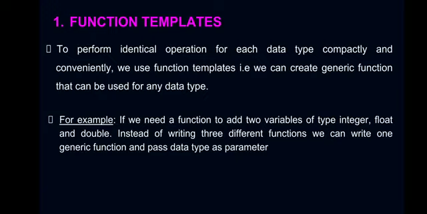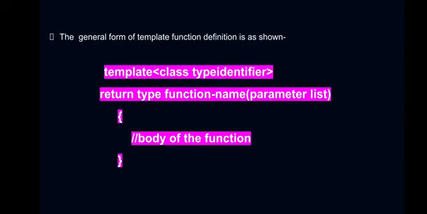If I want to add two floating point numbers, then float is the generic data type I'm passing to the generic function. If I want to add two double values, then we'll be passing the double data type to the generic function.